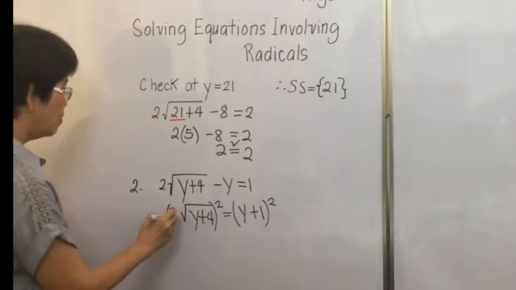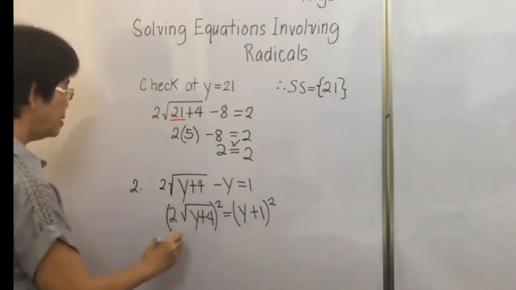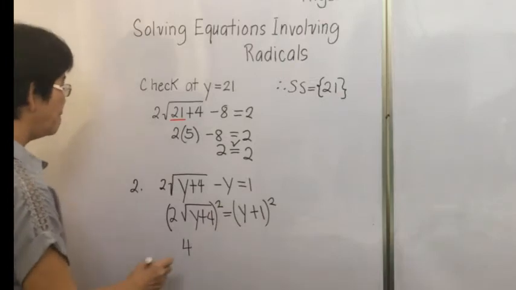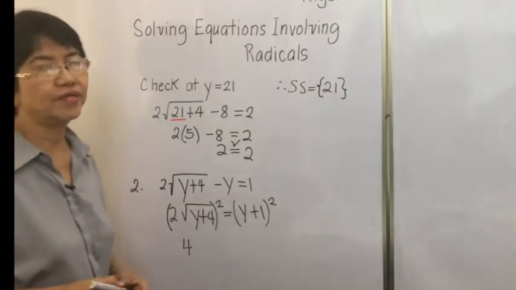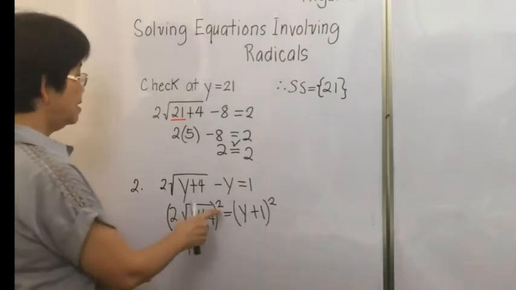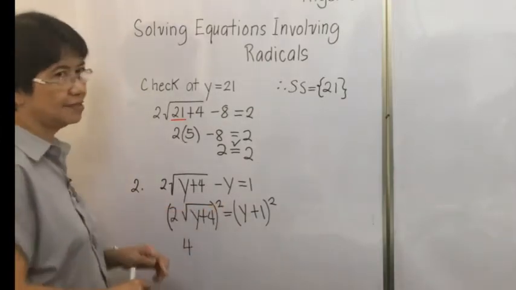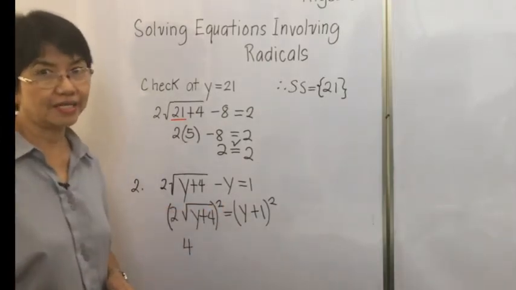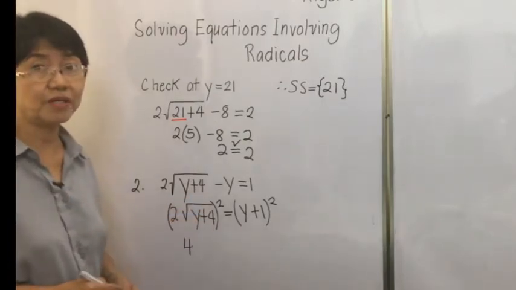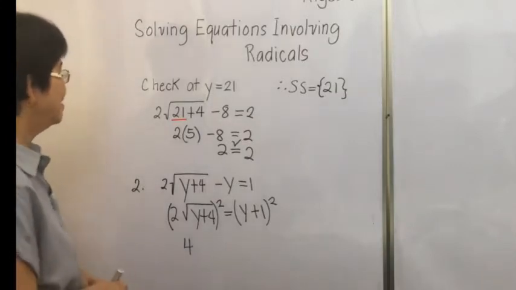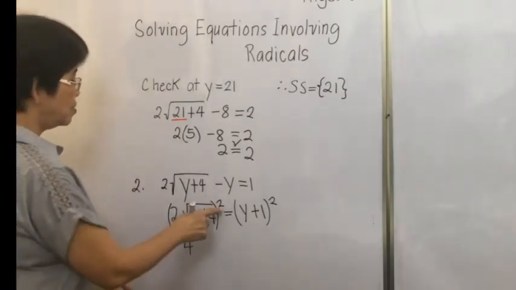So we have 2 squared is equal to 4. Then the square of the radical, we just simply remove the radical sign because the square and the radical symbol will just cancel, because the radical symbol is equal to a power of 1/2.